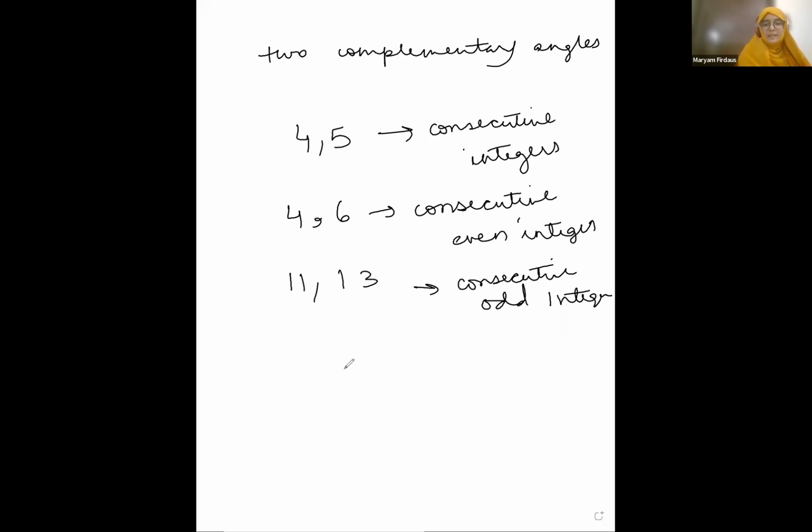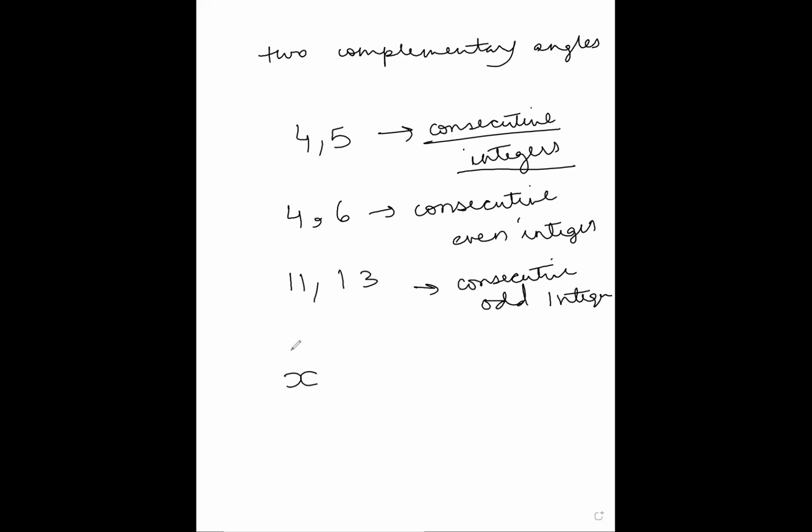But anyway, one thing that we learn about even integers or odd integers. Let us consider any two consecutive integers. If one of them is x, we don't know what they are, right? We don't know what the consecutive integers are.